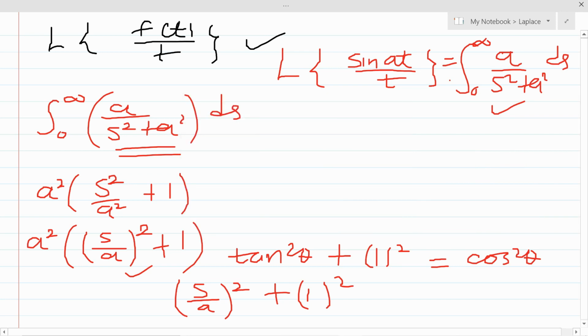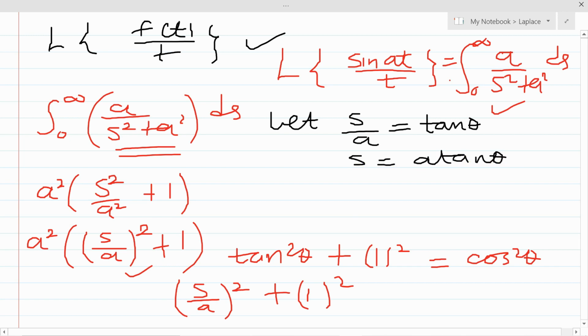So we let s over a equal tan theta. If that is the case, then s is equal to a tan theta.